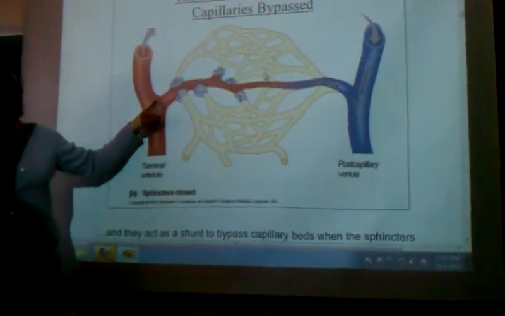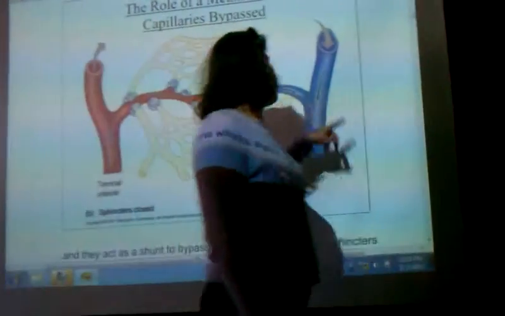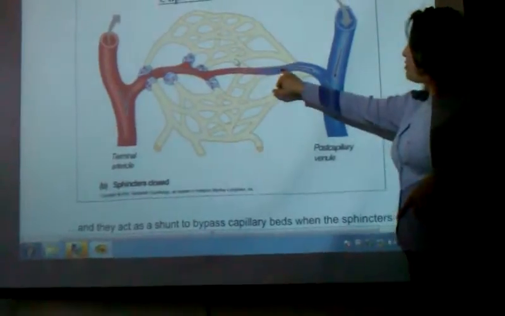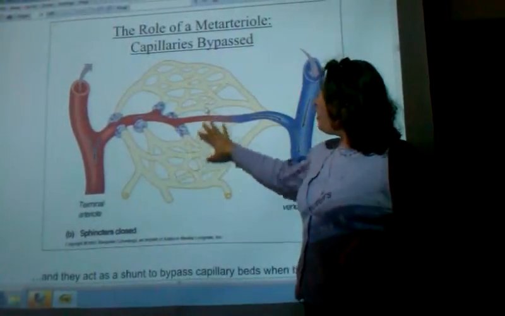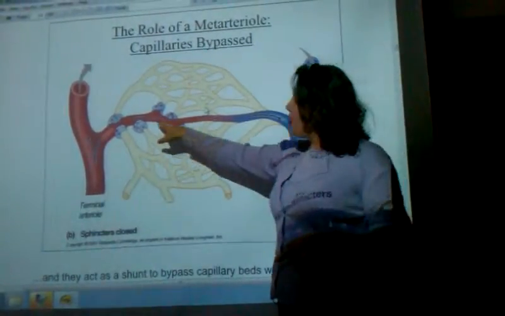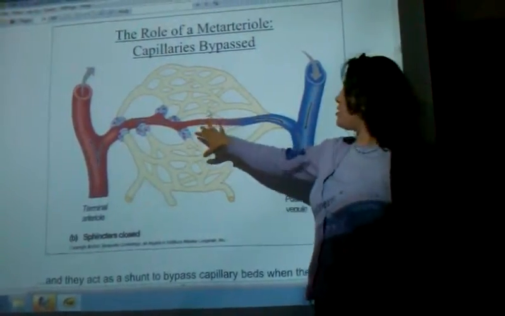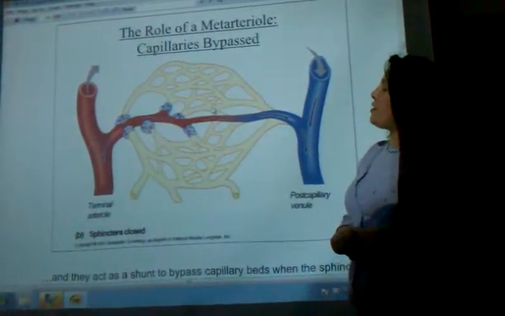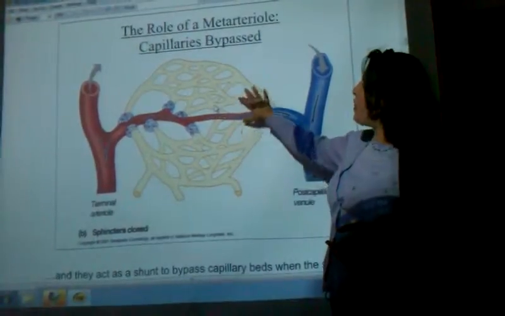And now, instead, blood will just continue through the arteriole into a venous blood vessel on its way back. So we bypassed, we shunted blood away from the capillary bed, and that is an arteriovenous anastomosis. That's what this is, okay? And what it's done is it's done its function. It's bypassed blood flow through the capillary bed.